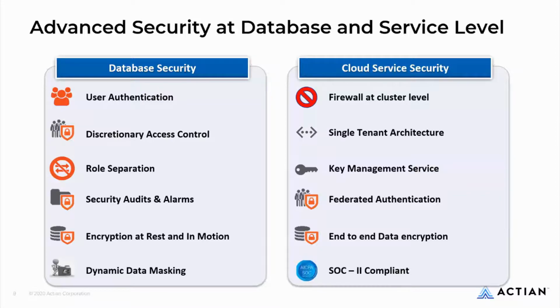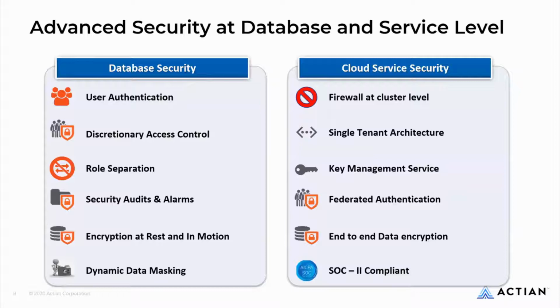Discretionary control: who is allowed to access the warehouse. Role separation: who needs to see what data, what tables. You can create security audits and alarms if someone tries to access a table or database they are not authorized for. It will alarm and send a notification.